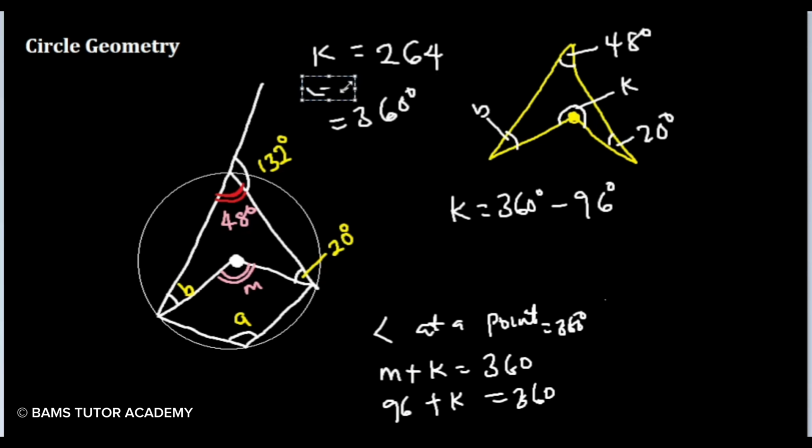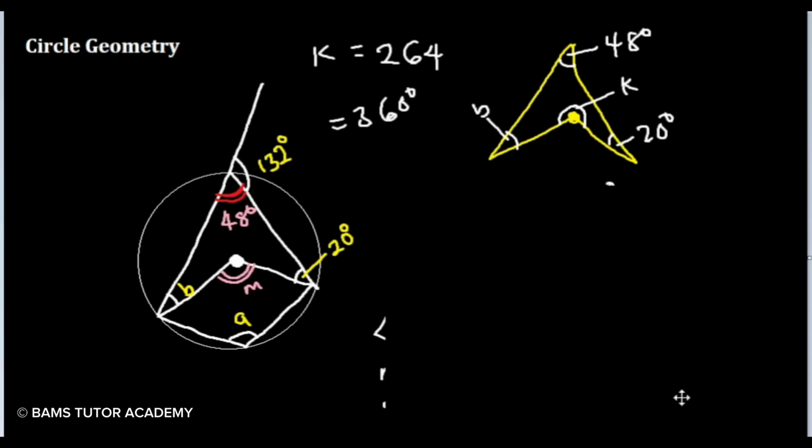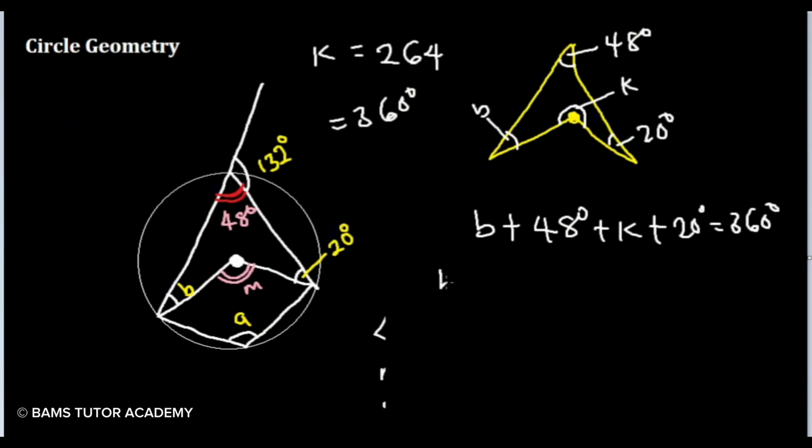You see that it's easy to get the remaining point, which is B. I would just say, adding everything together, B plus 48 degrees plus K plus 20 degrees, everything sums up to 360 degrees, right? So B is what I want to get, plus 48 degrees plus 264 degrees plus 20 degrees, everything equals 360 degrees.